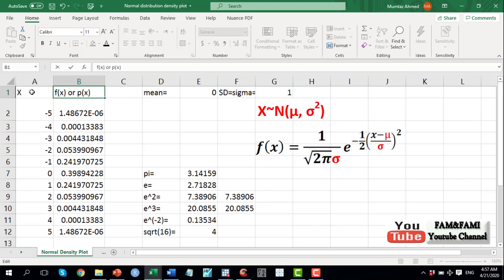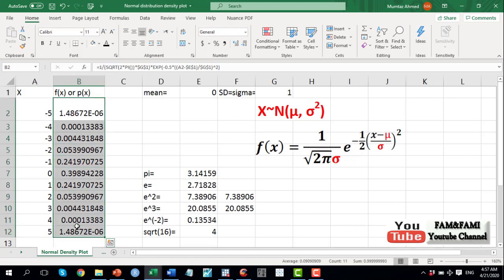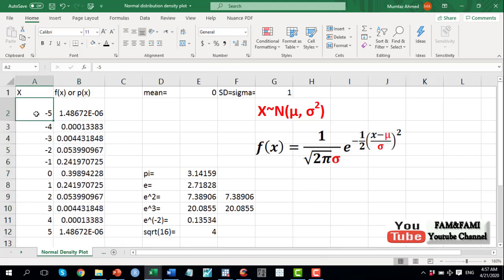So this gives us the probabilities or the value of the function when x, let's say, takes value minus 5, then what will be the value of the function? And then when x is this second value, minus 4, replacing this x by minus 4, we will get another value. So this table is actually giving us the density values, the corresponding probabilities corresponding to each value of x.